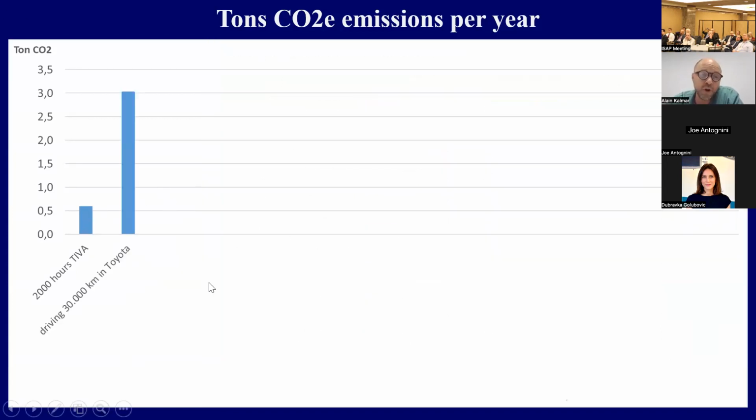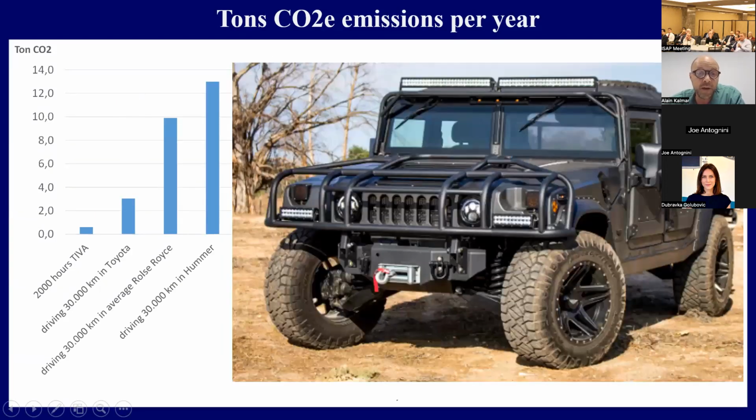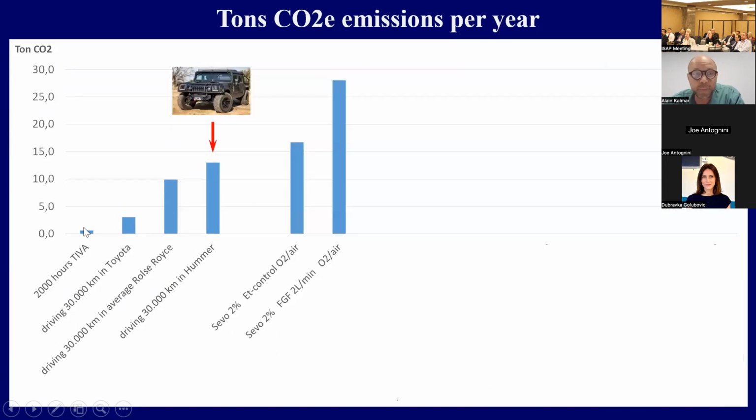So if you compare this with an economical car and you drive 30,000 kilometers in a year, this is actually relatively low. So this is quite acceptable, I think, because this car would emit 3 tons of CO2 per year. If I would prefer driving a big Rolls-Royce or even a Hummer, a military Hummer, for also 30,000 kilometers a year, then this is much more, of course, than my emissions as an anesthetist.